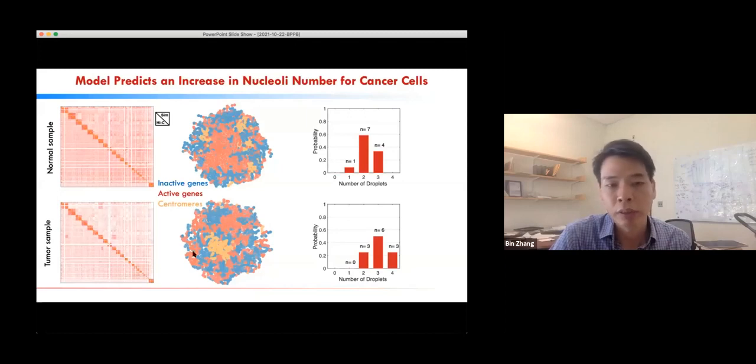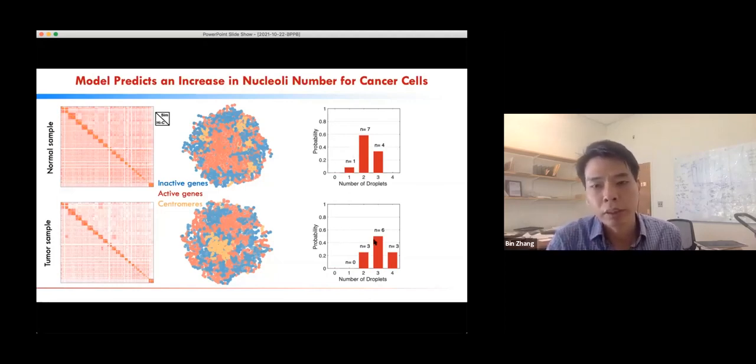So here now the interaction was derived from tumor Hi-C instead of the normal Hi-C in our previous simulations. And interestingly, that change actually resulted in more nucleoli in tumors compared to normal samples, as you can see here. And that's interesting because tumors are actually known to have more nucleoli. So the fact that we were able to reproduce that trend, at least qualitatively, is quite exciting.